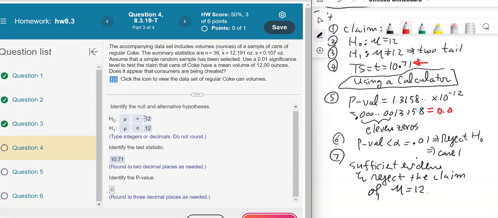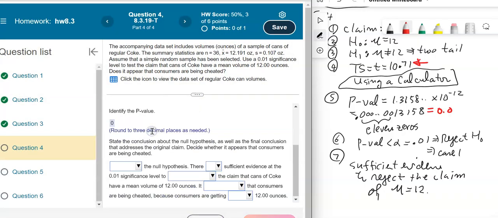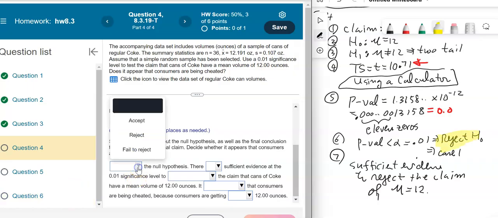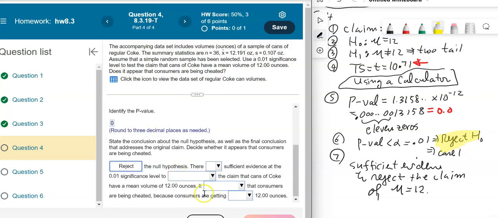Okay, I think that should be good. All right, now we're going to reject the null hypothesis right here. There is sufficient evidence at the 0.01 significance level to reject the claim that Coke mean volume is 12.